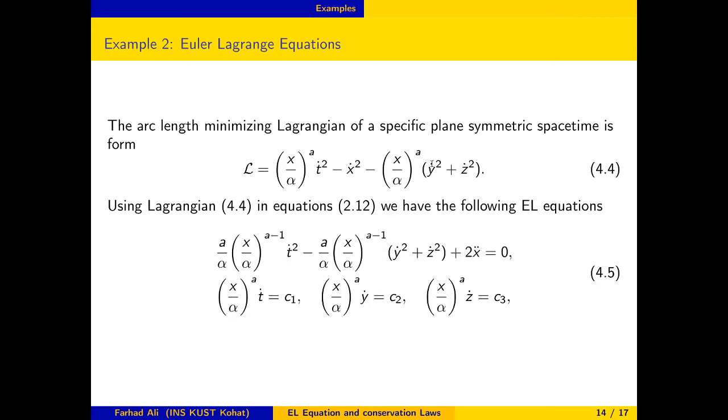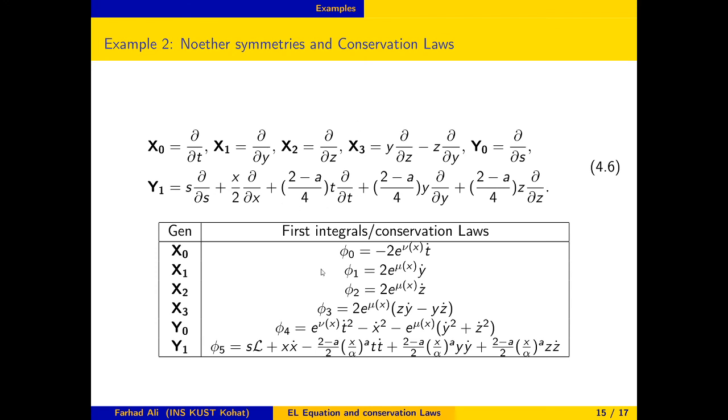Similarly, this is another example. In this example I only change this, which is 2 in the previous one, so I take it as general. These are the Euler Lagrange equations. You can use the previous Euler Lagrange equation given in 2.16 and derive these. This is homework. All the students are advised to do this as homework: derive these Euler Lagrange equations, and using these Noether symmetries derive these conservation laws.